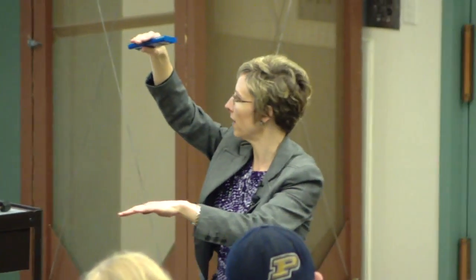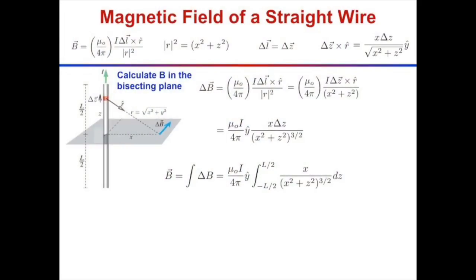So I'm going to set the origin at the midpoint of that current carrying wire. So I'm going to take an integral that runs lengthwise. It's going to run from minus L over 2 to positive L over 2. What I'm really doing is integrating the little delta B's that contribute, right? So there'll be a delta B from one piece and a delta B from another piece and so forth. So I have an integral of delta B. But in order to take that mathematically, I need to convert it into our x and y coordinates here.